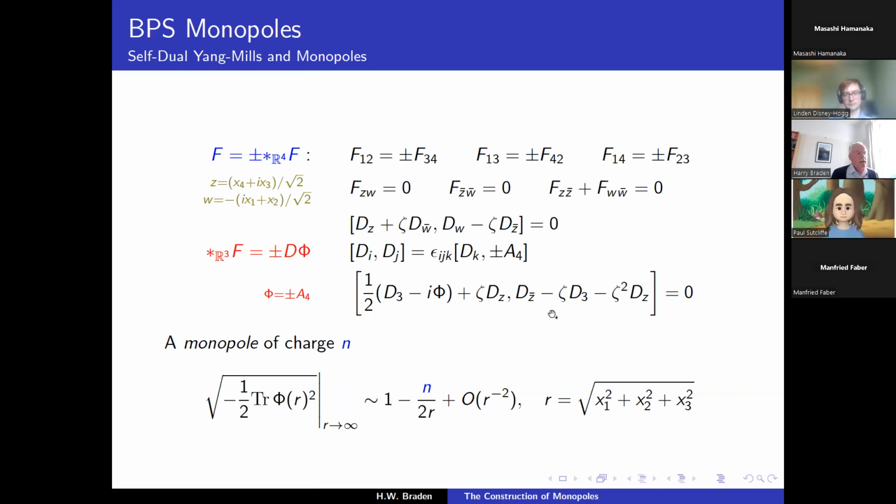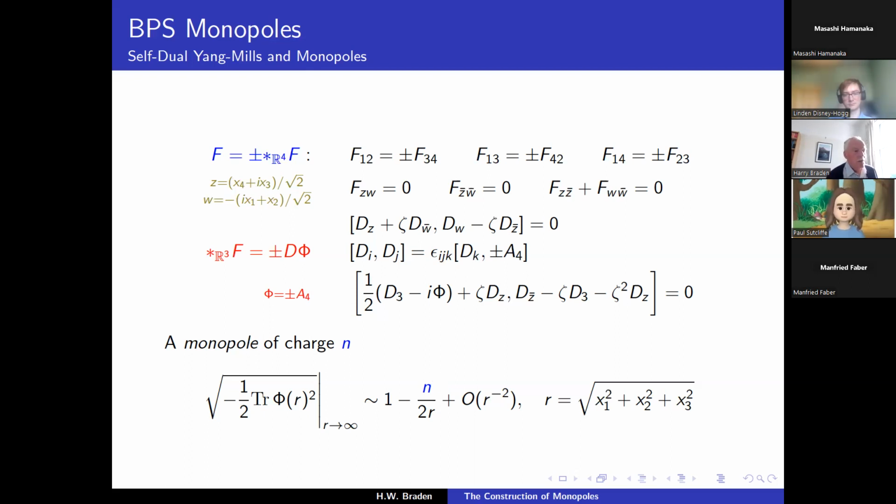The monopole equations similarly can be written as a zero curvature equation. And this equation here that I'm identifying with the cursor will be one that we'll come back to. And the conditions that I've said that we retain in the BPS limit, I've just written down here, and N will be the charge of the monopole.